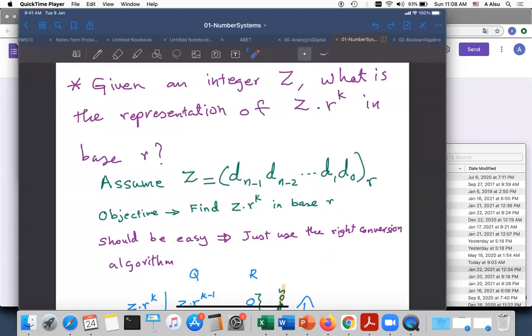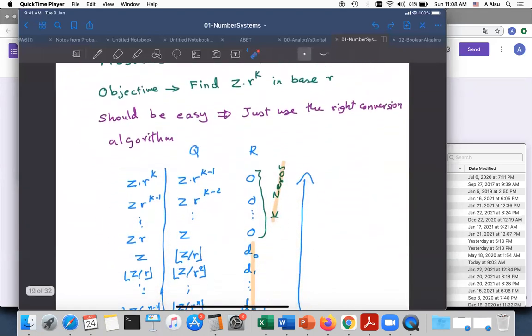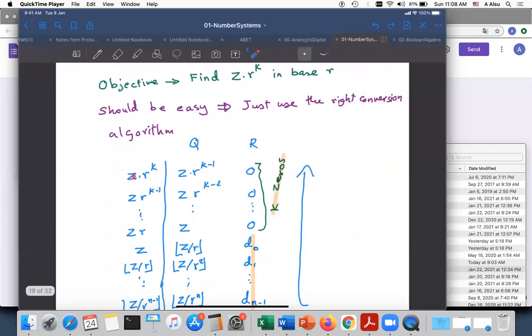So this is the number, z times r to the k, and we divide this by r, and then collect the remainder and the quotient.